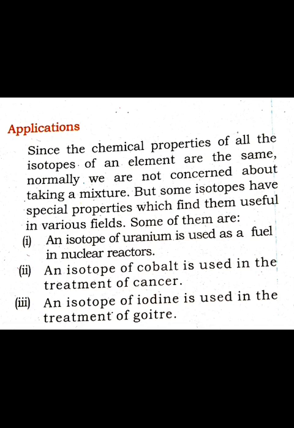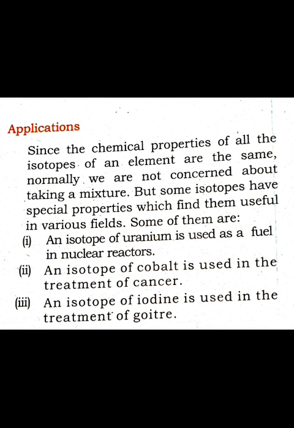So these are the three applications of isotopes. So the first one, isotope of uranium is used as a fuel in nuclear reactors, and isotope of cobalt is used in the treatment of cancer, and the third use, isotope of iodine is used in the treatment of goiter. That's all about isotopes.